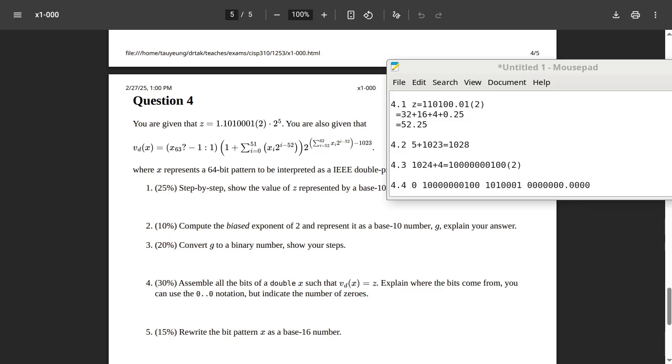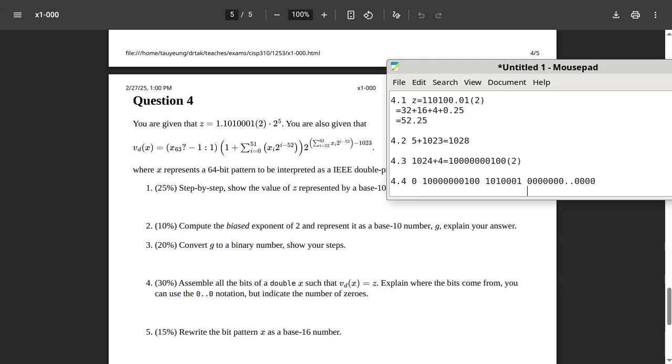But wait, the question says I can use the 0 notation, but I have to indicate how many zeros there are. So between here and here, how many zeros do we need? Well, the whole thing has to be 64 bits, right?